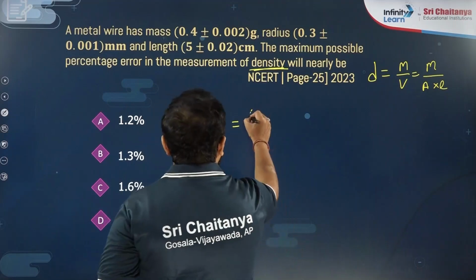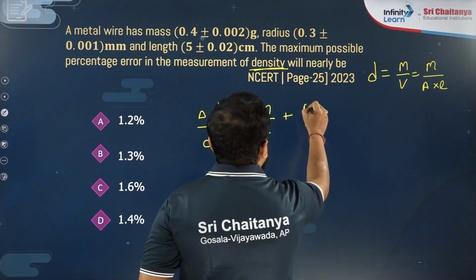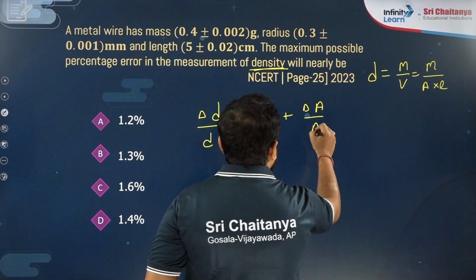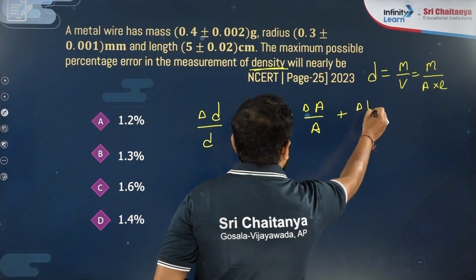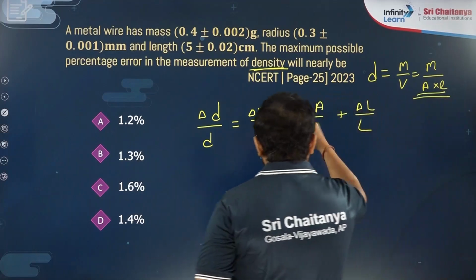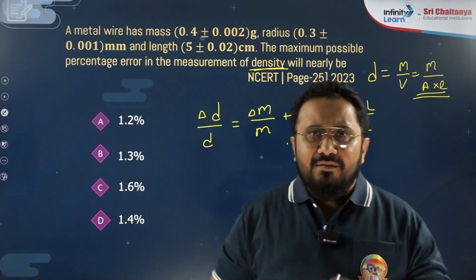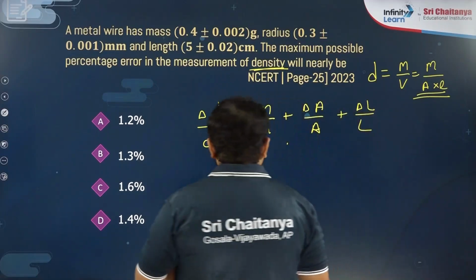So now we can write it down as delta M by M plus delta A by A plus delta L by L. See, this is in the denominator, but when we write it in the format of percentage, we will take it in the positive convention only, because error cannot be reduced.